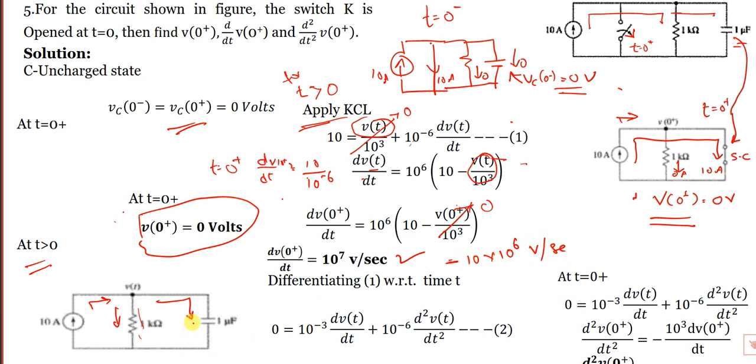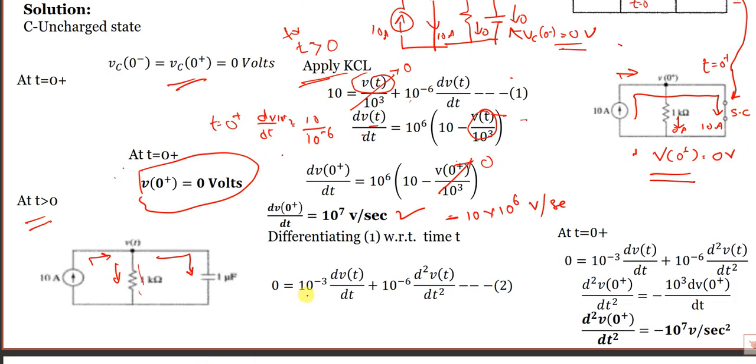Next, I have to find d square V by dt square. To find that, differentiate this equation number 1 once again. Differentiation of 10 is 0. And this 10 power 3, if you take it to the numerator, is 10 power minus 3, and V of t, if you differentiate, you'll get dV by dt.